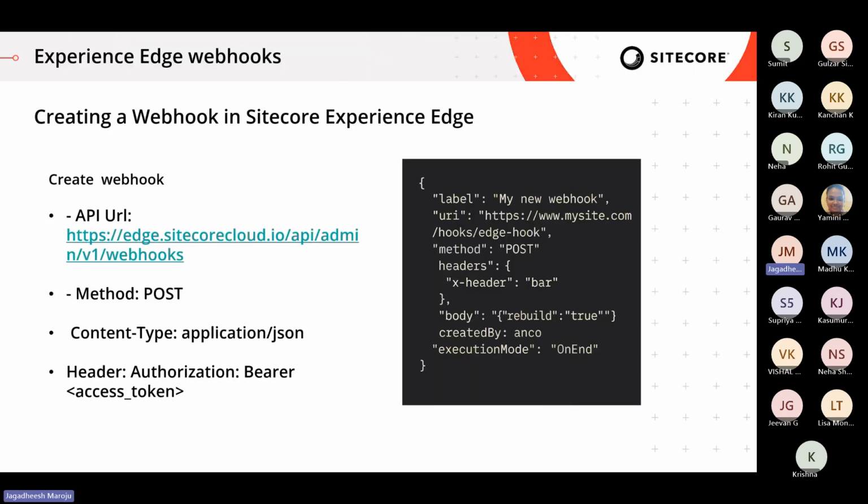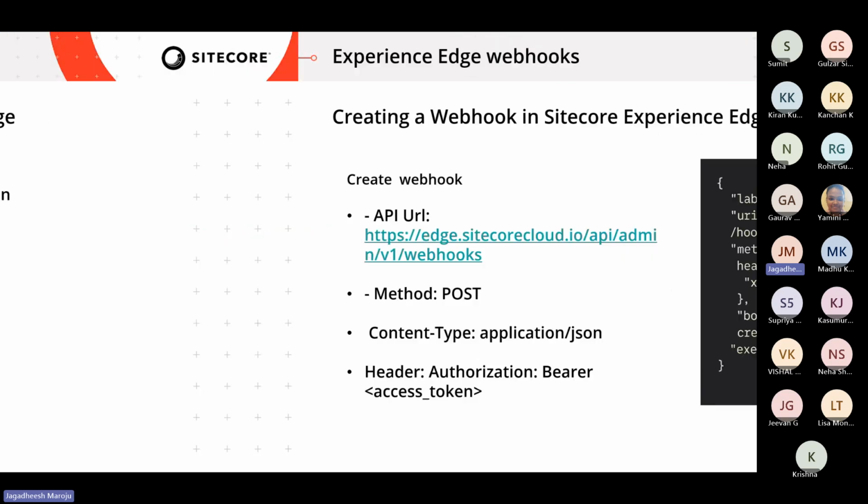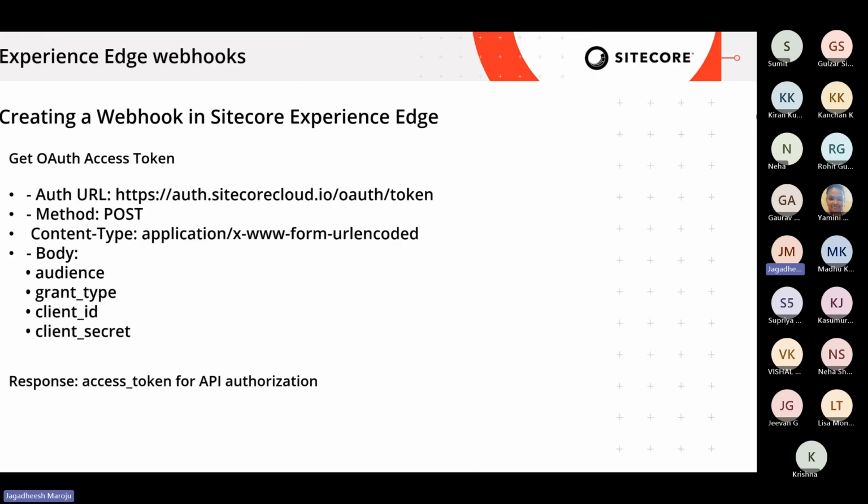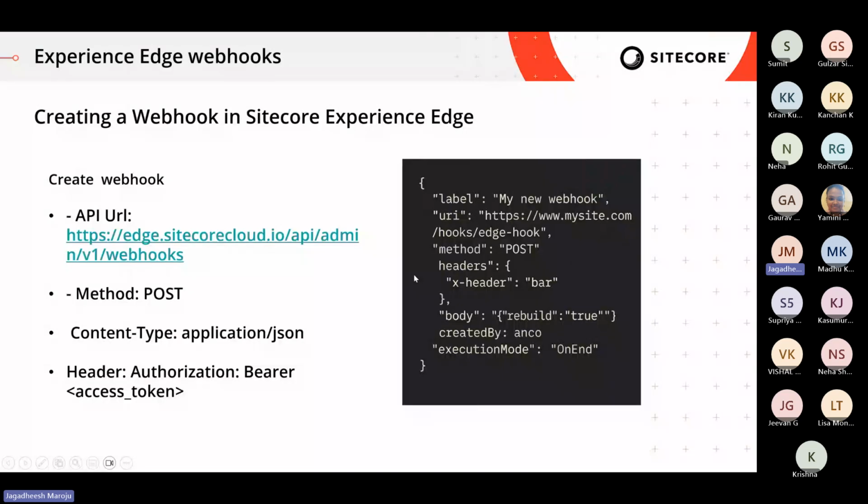Once you get the access, you can create the webhook. This is the API URL, and it's a post request. It needs authorization with the bearer token, which is nothing but the token you received from the previous auth token endpoint. This is a sample payload for creating the Experience Edge webhook.